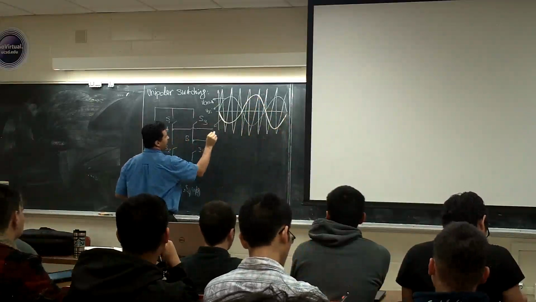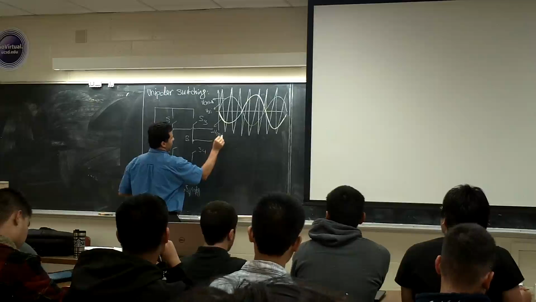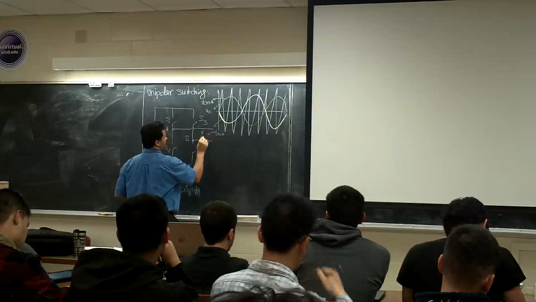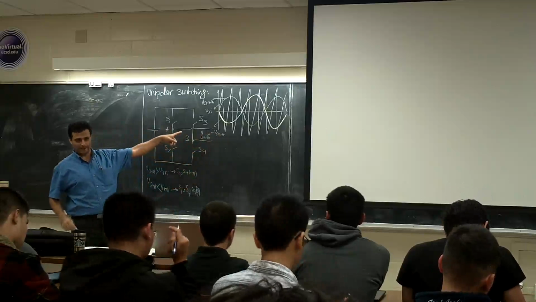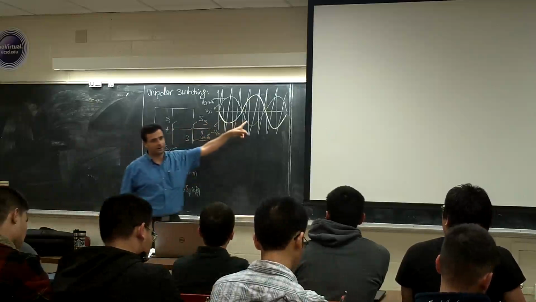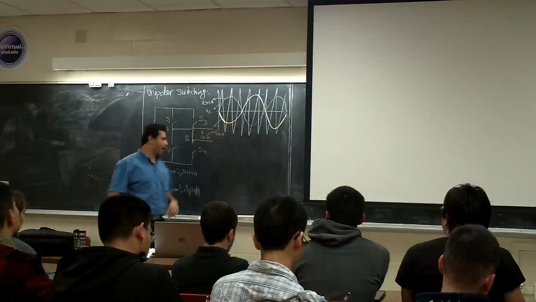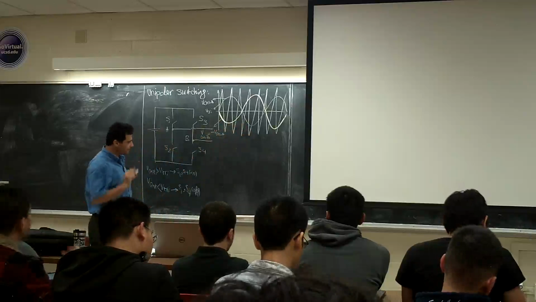This one is minus VCon A. This is my VB, VCon B. For leg B, I select minus VCon A. So now how the switching is going to work here.